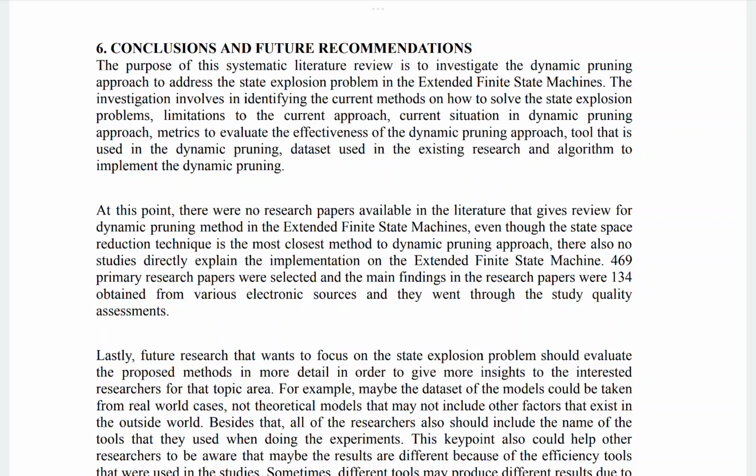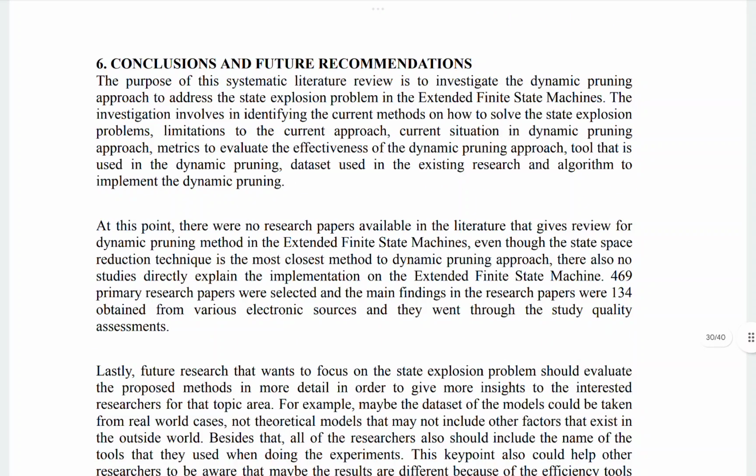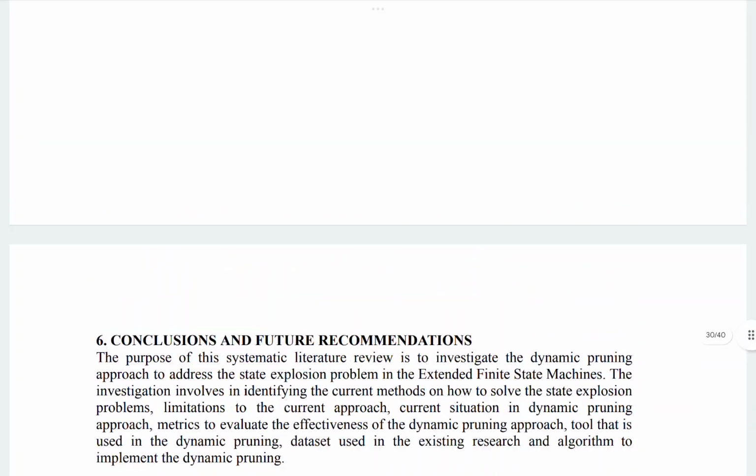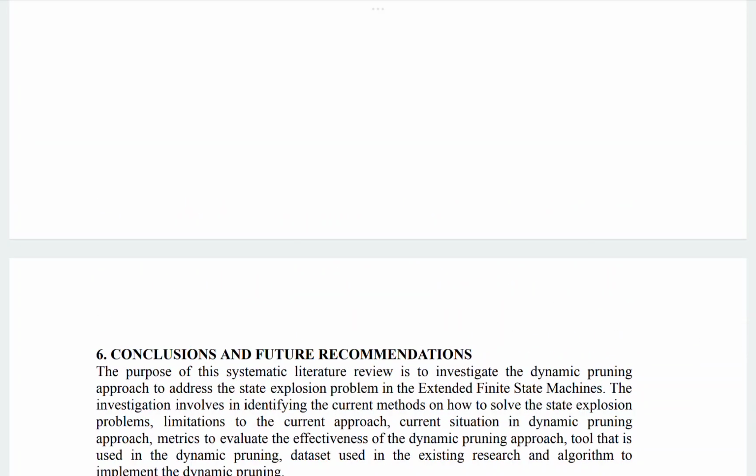If they put more details, it will be helpful for other researchers who want to study this topic too. Okay, so basically that is how we do the systematic literature review.